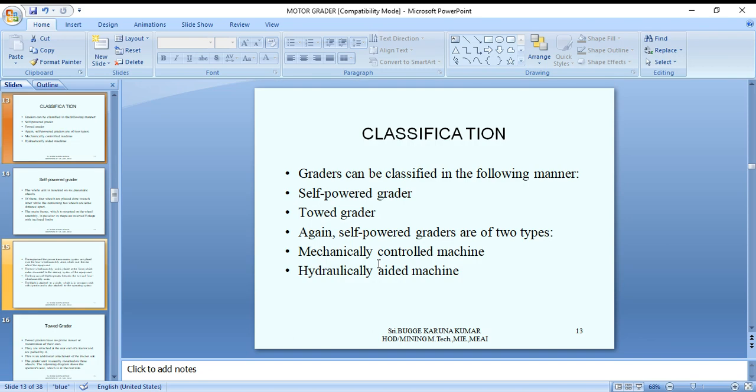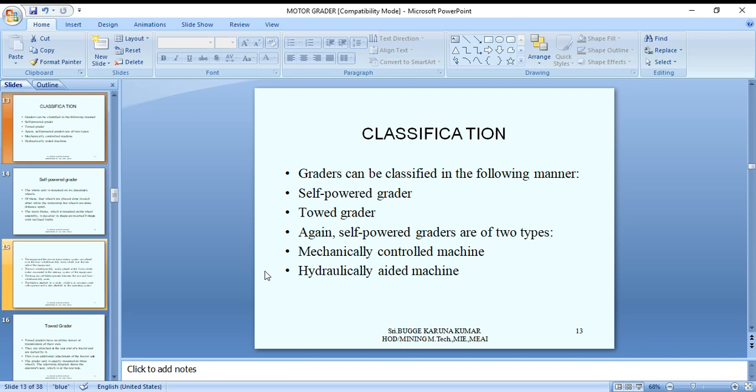Now there are different types of models and classifications. Graders can be classified in the following manner. Self-powered graders, meaning the engine itself is tractor mounted, and tower graders. Self-powered graders are again of two types: mechanically controlled machines and hydraulically aided machines.